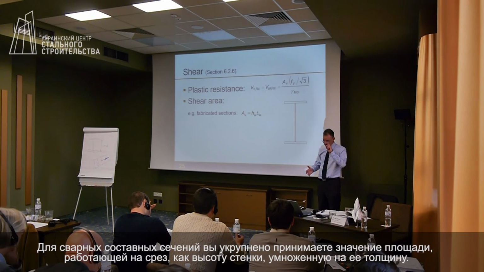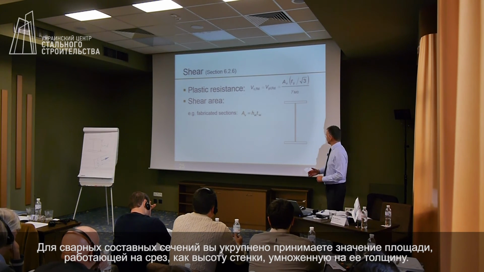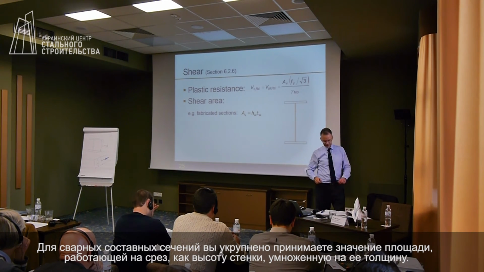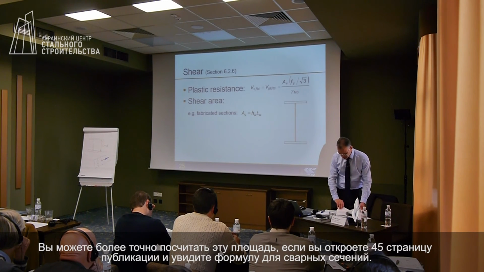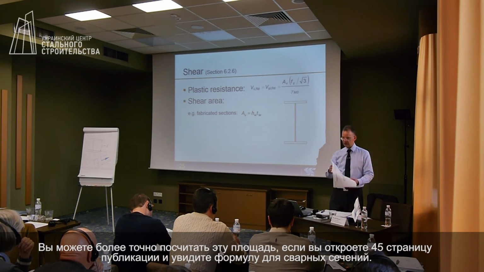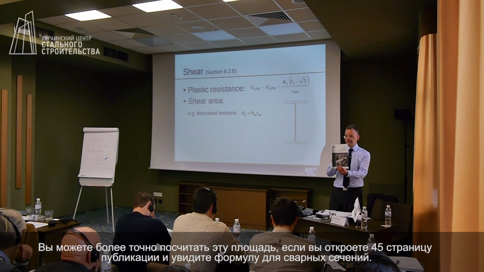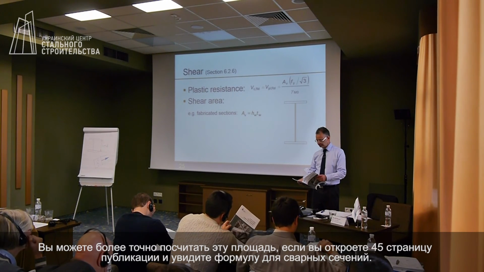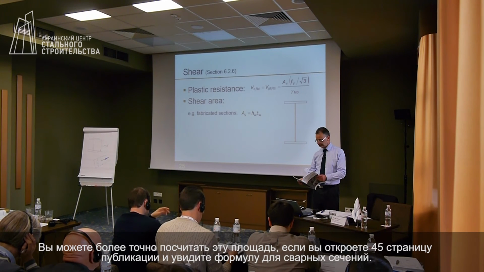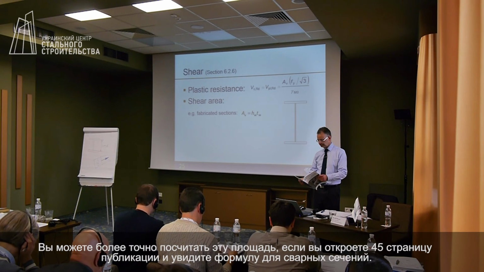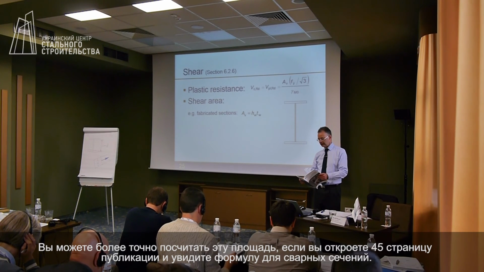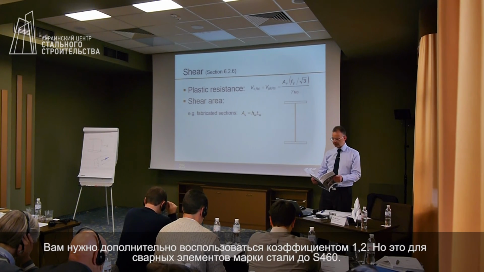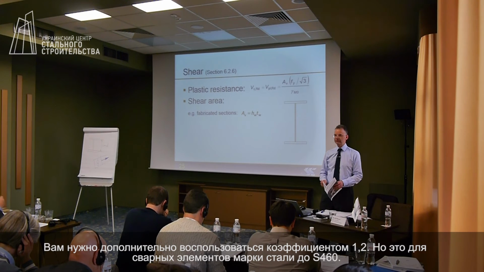For a fabricated section, conservatively, you would just take the shear area as the height of the web multiplied by the thickness of the web. But you could do a little bit better than that. So if you turn to page 45 of this guide, you will see a formula for fabricated members, I think, where there is a 1.2 factor in front of it.